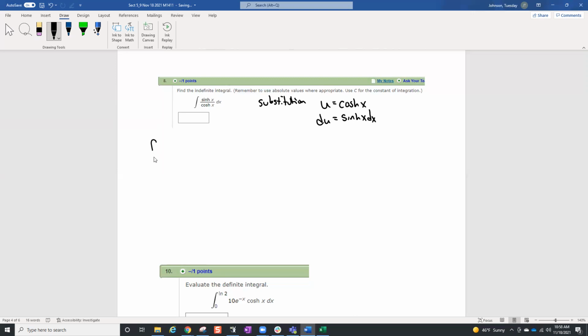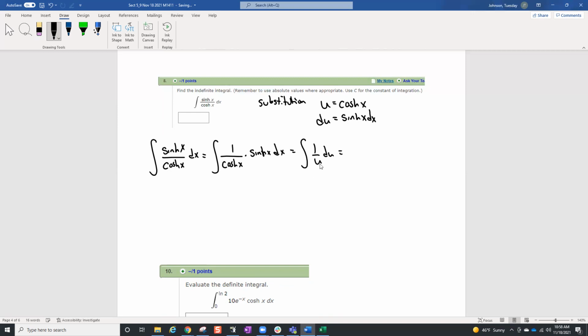So when we're looking at our integral in quotient form, we can pull that apart so that it looks like 1 over hyperbolic cosine of x times hyperbolic sine of x dx. Right? We can see exactly where our du is and where our 1 over u is.